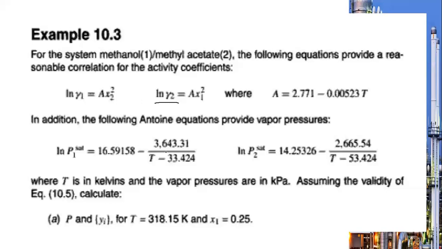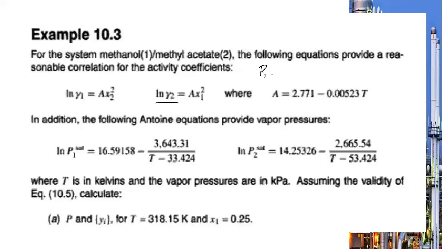So these are the Antoine's equation. This will give you the P1 sat and P2 sat. Substitute nyo lang yung temperature dito, where T is in Kelvin. So makakalkula nyo yung P1 sat at saka P2 sat. Tapos, the question is you need to calculate the total pressure. So gagamitin nyo lang yung modified Raoult's law.